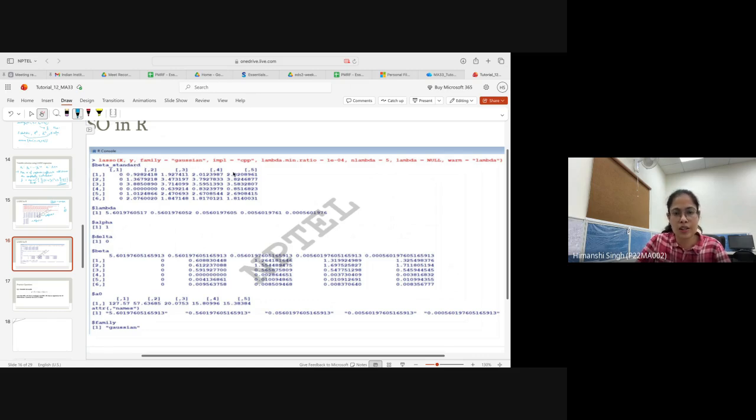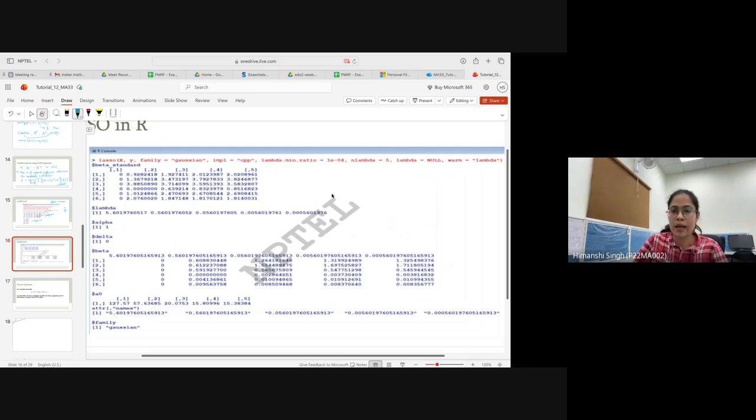Family is Gaussian. And lambda.min.ratio is this, so basically this is the ratio between the values of lambda, which cannot go less than this particular quantity. And nlambda is 5, for how many values of lambda you want to calculate the coefficients.